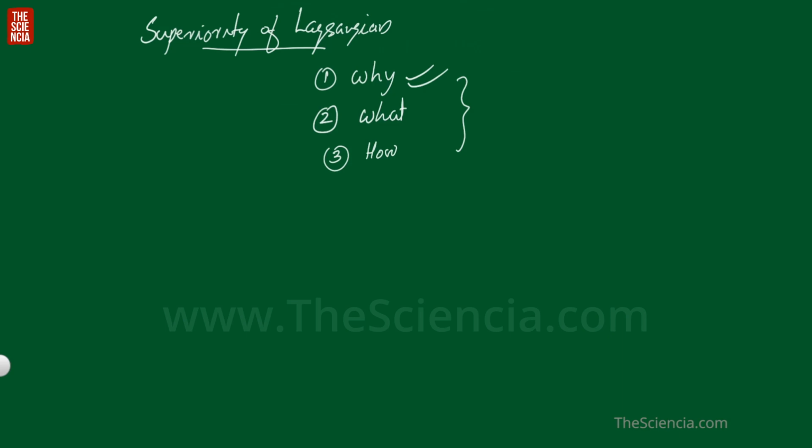Okay, so the question is there, why Lagrangian? That is what I am going to deal with. Because in Newtonian mechanics, what we are dealing with is force or momentum, etc. Force and momentum have direction and magnitude, so these quantities are vector quantities.